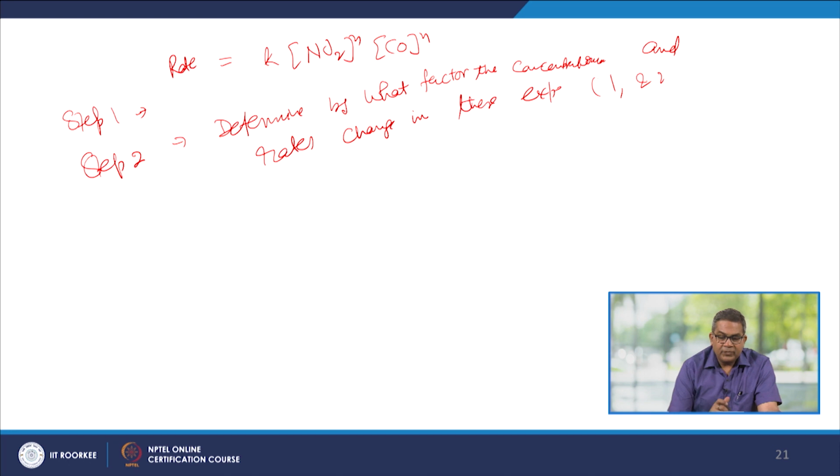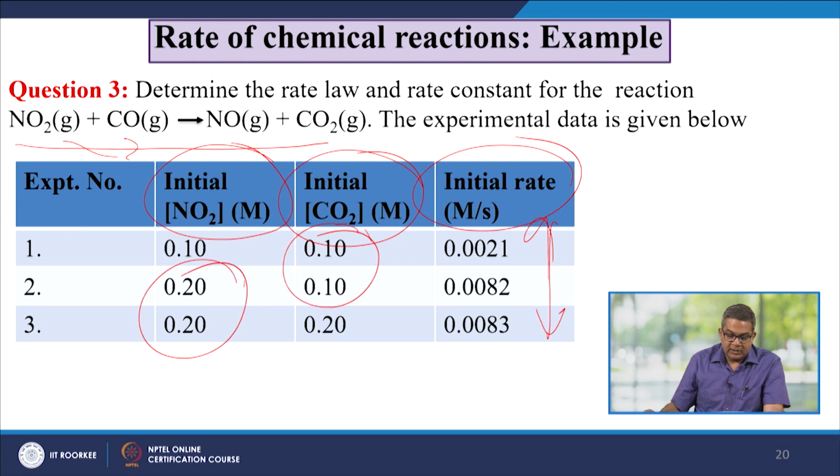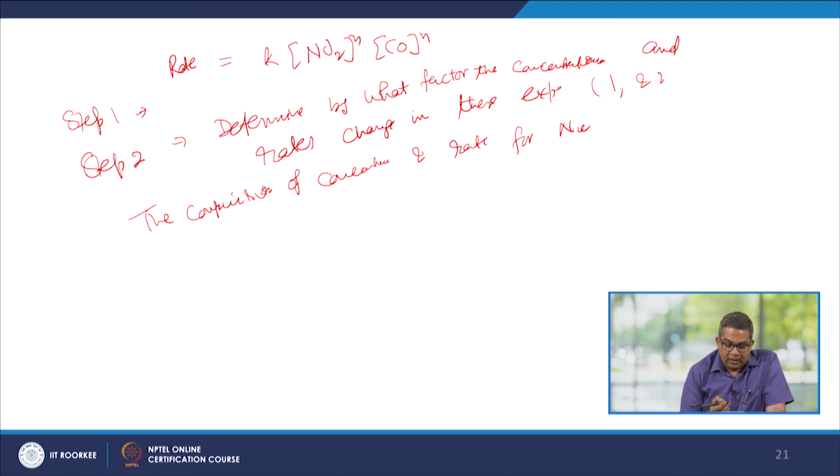Then the comparison of concentration and rate for NO2 in experiment 1 and 2 can be written as: this is for experiment 2, NO2, and this is for experiment 1.